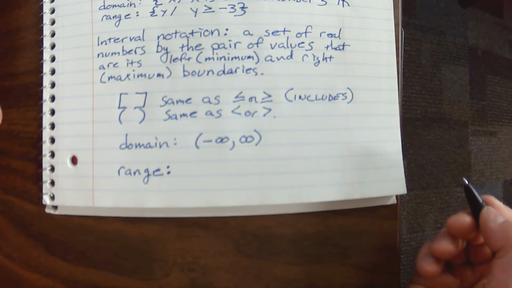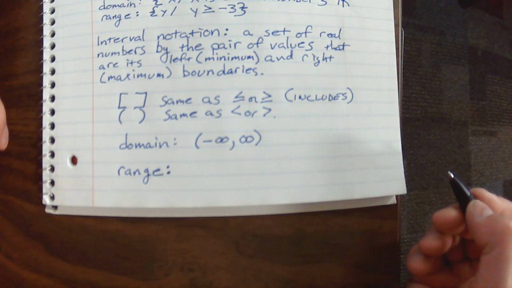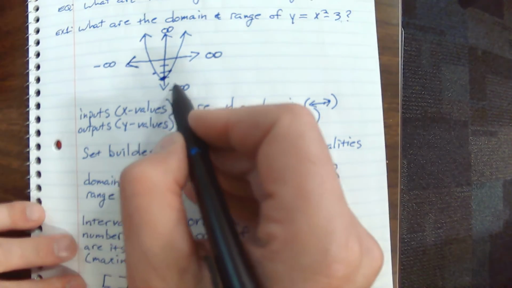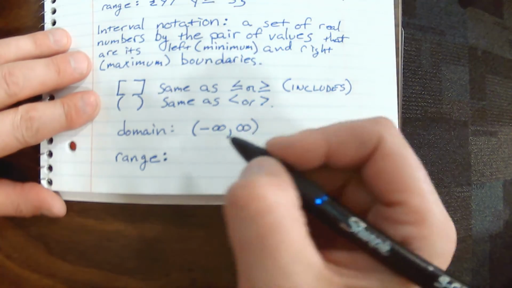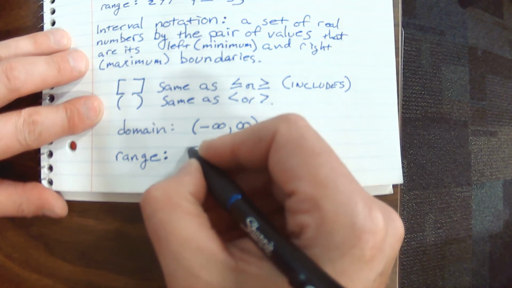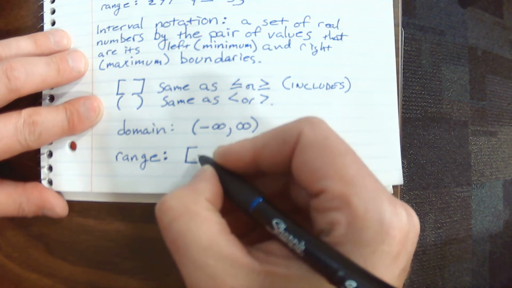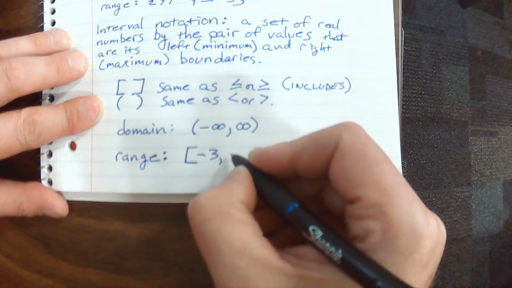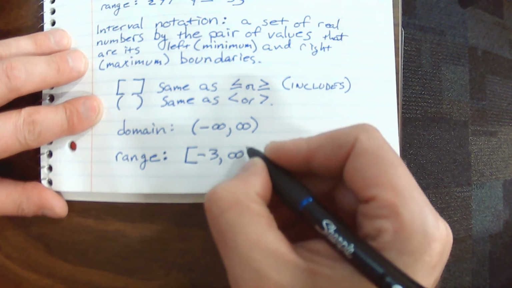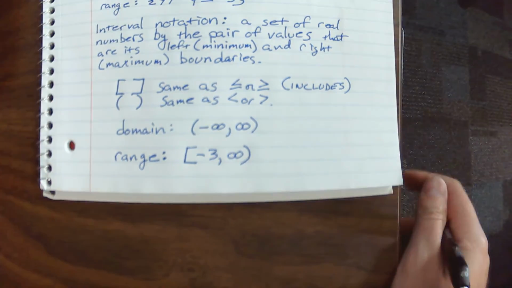Now, what is the lowest number on this graph? If we go back and look, it's -3. Is it touching the -3? Yeah. So I use a bracket. -3, and it goes up to positive infinity, which you cannot touch, so I use a parenthesis.